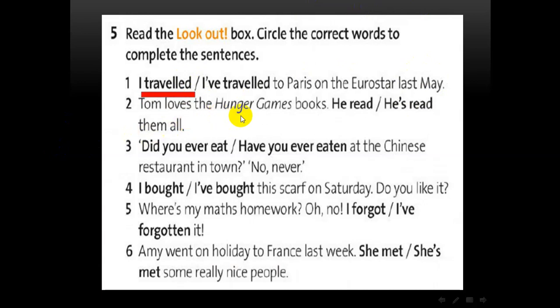2. Tom loves the Hunger Games books. توم يحب قراءة سلسلة كتب الهانجر جيمز. طبعا يوجد فيلم هانجر جيمز مستوحى من هذه الكتب.